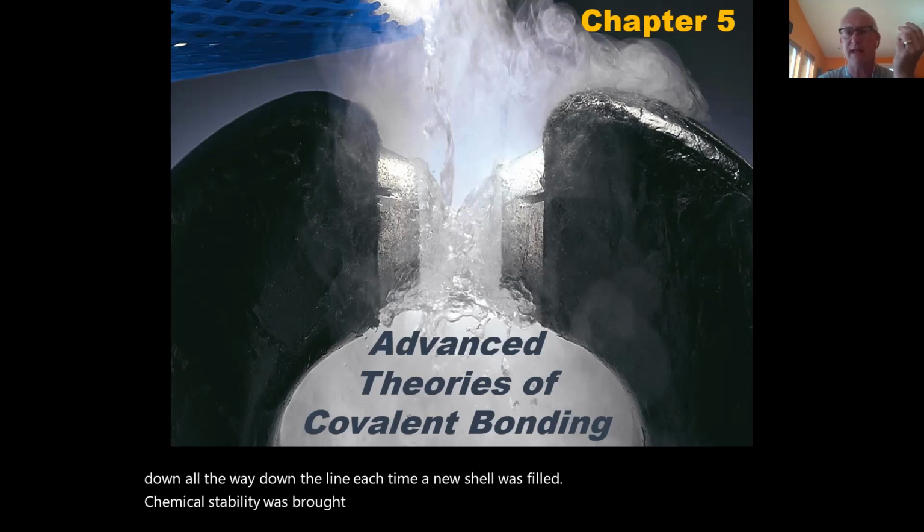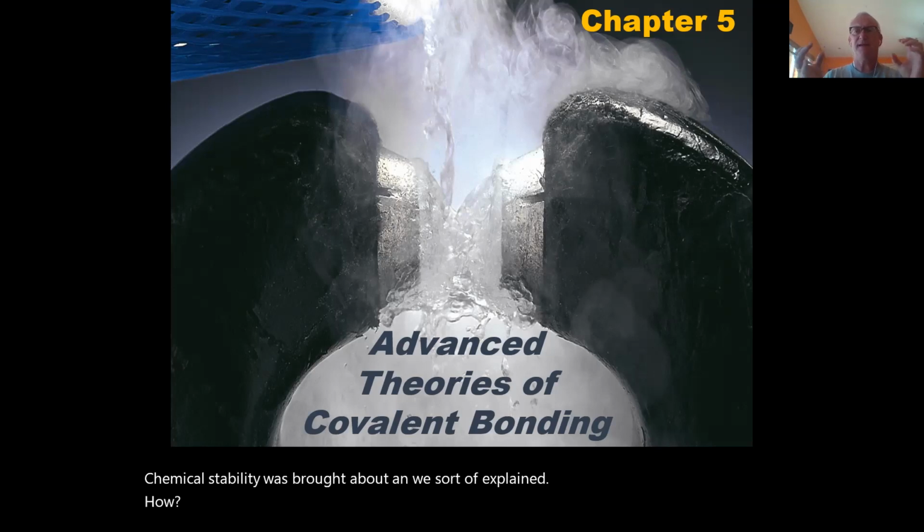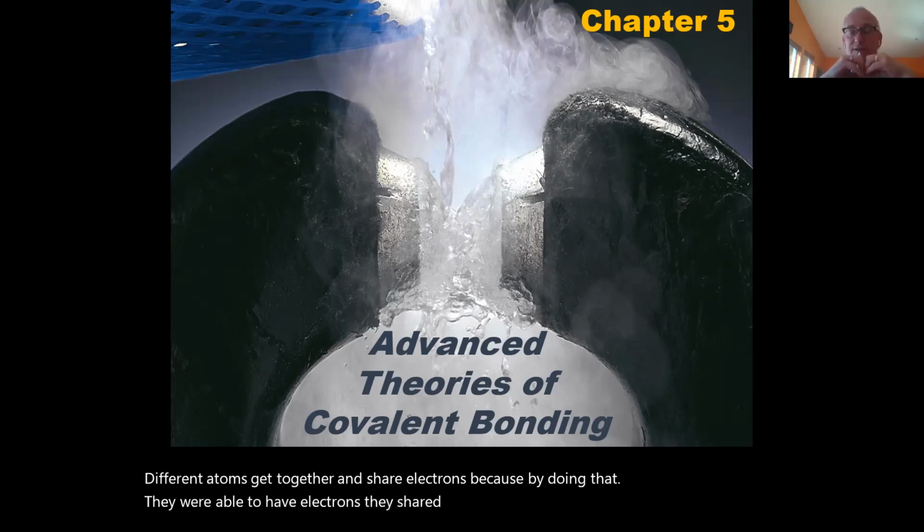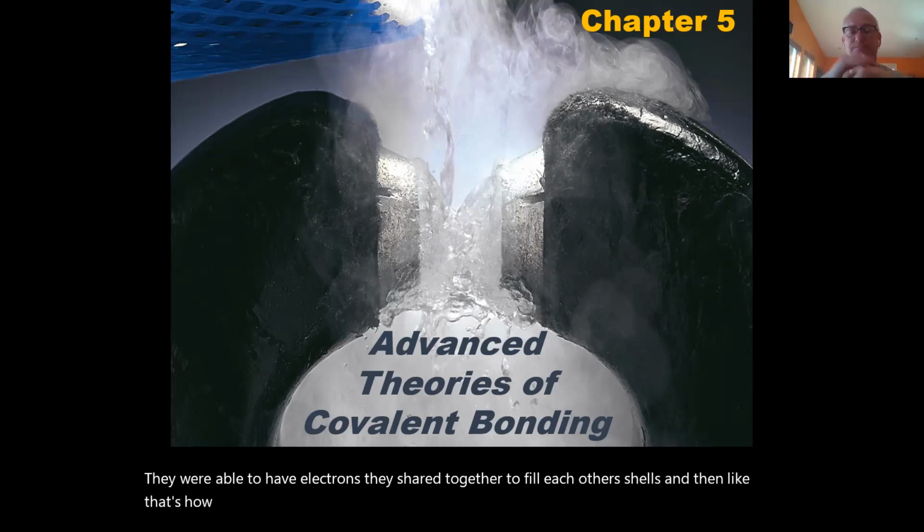And we explained how different atoms get together and share electrons, because by doing that, they fill each other's shells. That's how covalent bonding takes place.